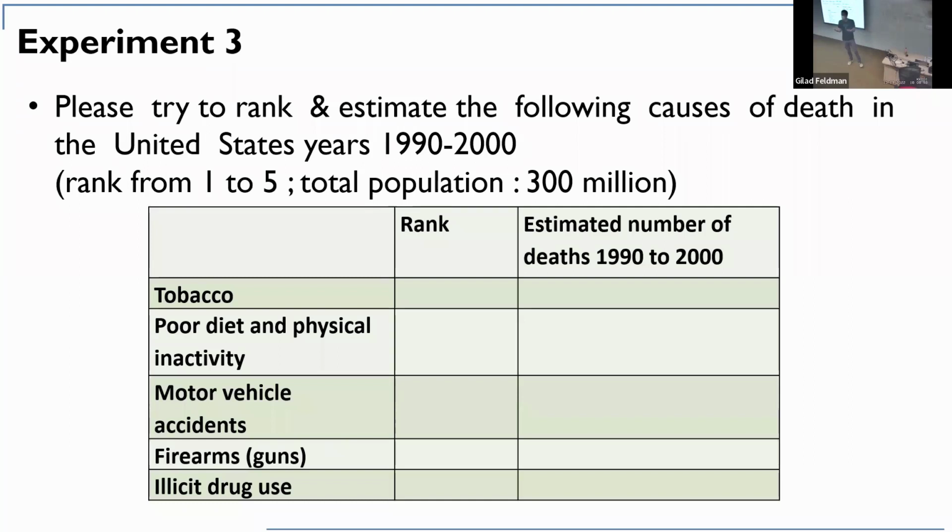Now, what might be wrong about our guesses? What might be influencing our guesses? So prior reading and knowledge, what else? Sorry? Media reports. This is very important. Can you give an example?